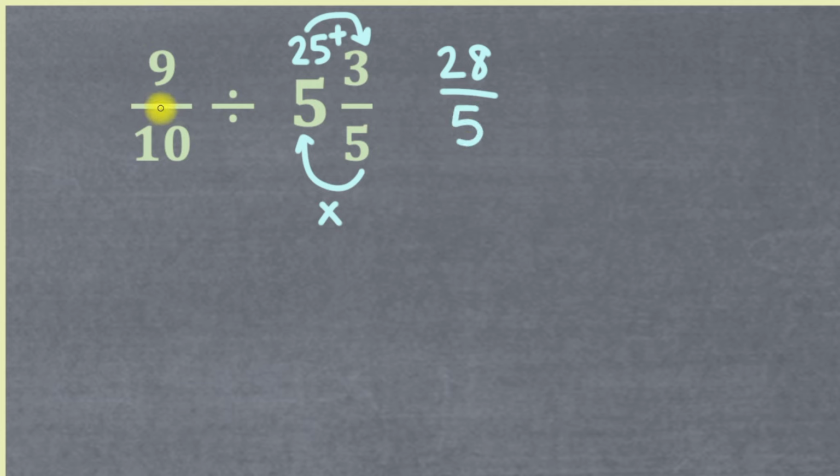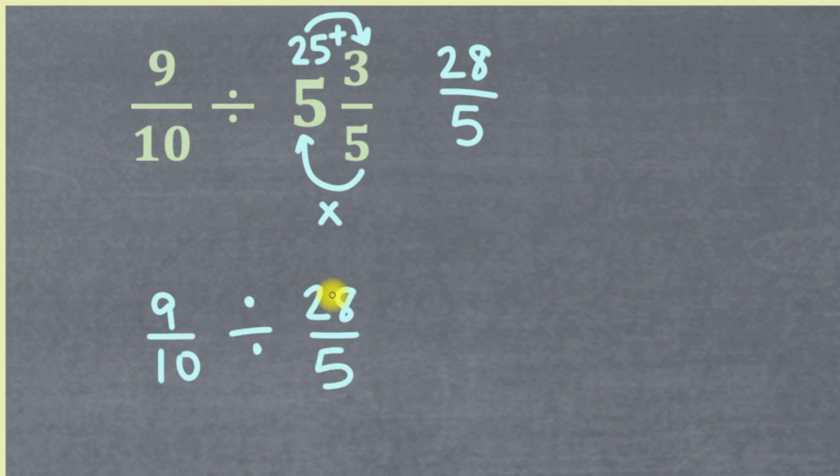Since our first number is already a regular fraction, we don't have to change it at all. But let's bring it down so that we have our space to work with. Step 2 says we have to use a KCF chart to create a multiplication problem.